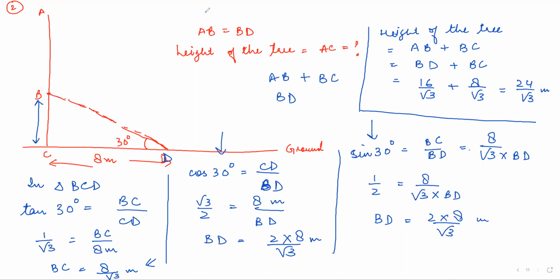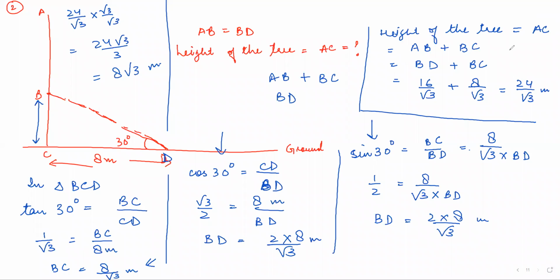Now you can rationalize it, okay? So it becomes 24 under root 3 divided by 3. So that becomes 8 under root 3 meter. This is actually AC, which is AB plus BC. So AC comes out to be 8 under root 3 meter.